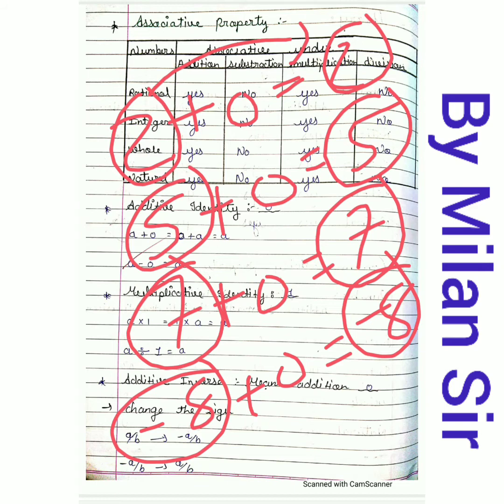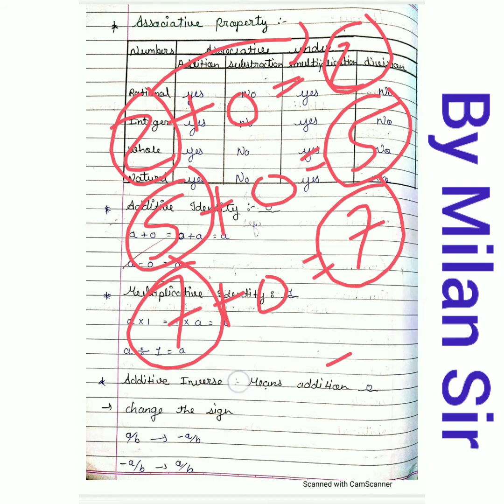Same thing for subtraction even. If we subtract 0 from any number, we get the same answer. That's why 0 is the additive identity. It will give the ideal answer. So additive identity is 0. If we add, otherwise subtract, 0 with any number, we get the same answer.